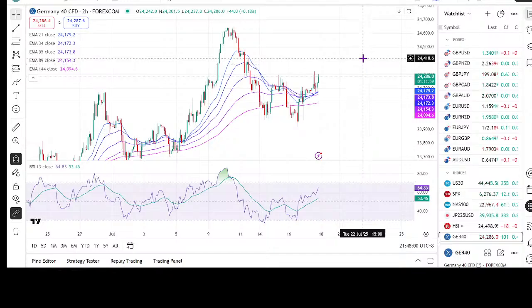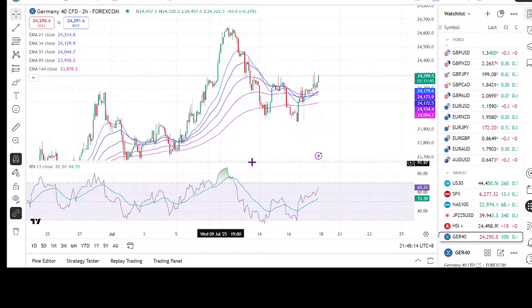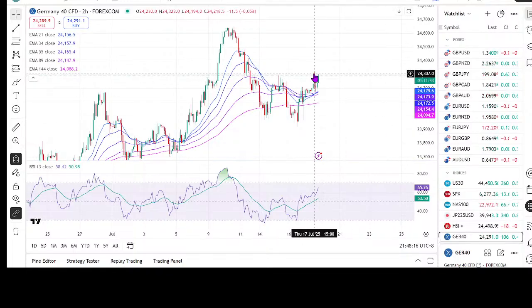So we were trying to sell at, sorry, what was the level? 24430. So now this high is 305.